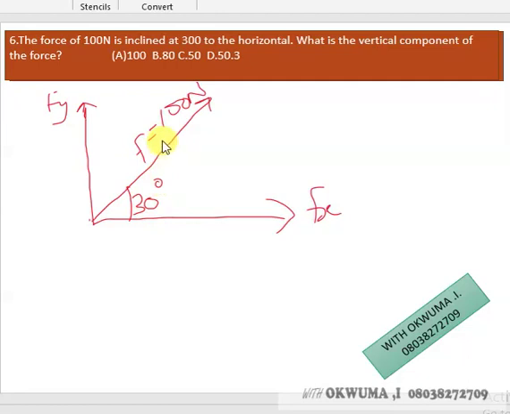The question says, what is the vertical component of the force? That means you resolve this force towards the vertical. And when you resolve this force towards the vertical, we have that Fy will be equals to F sine theta. If you are resolving towards the horizontal, it will be F cos theta.